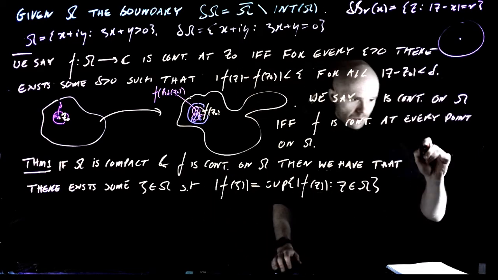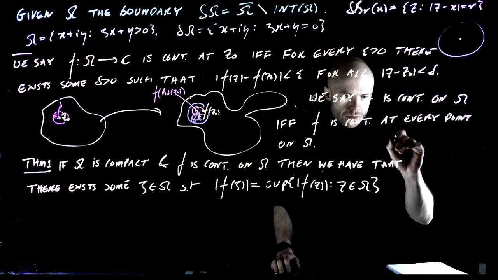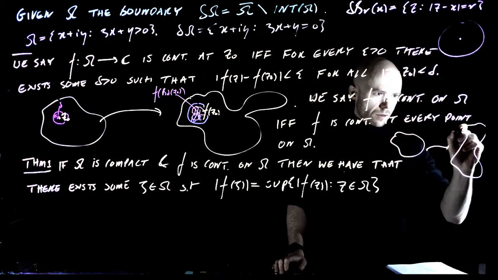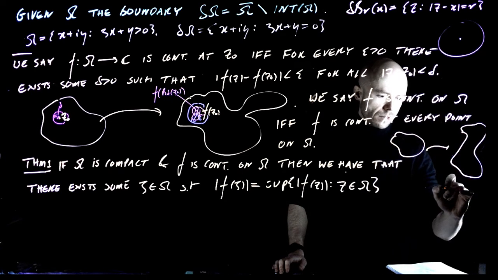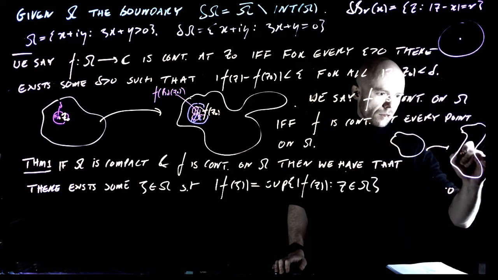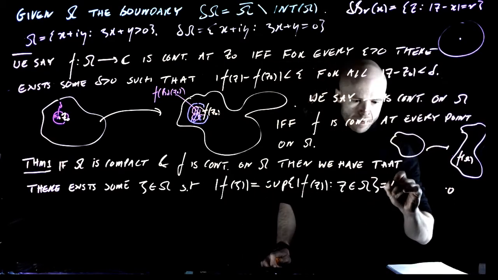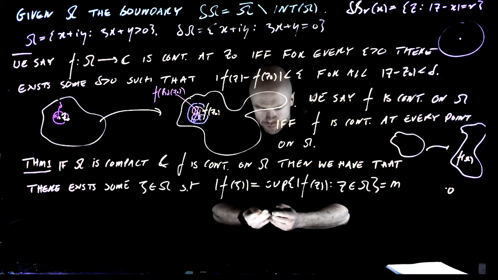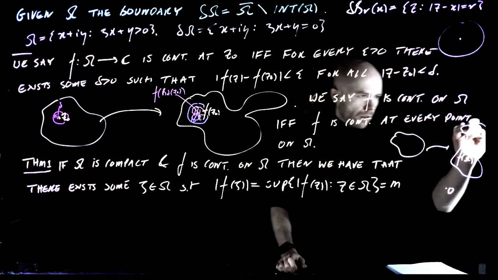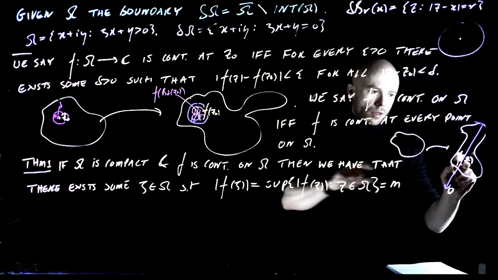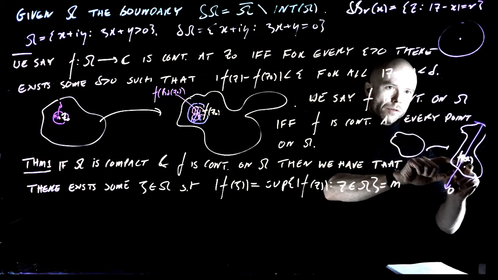So let's draw a picture. This, say, is omega, it's compact, and it's mapped to something like this. Let's say 0 is here, and this is f(omega). So what is this number? Let's actually just call it m. This is how far away from 0 we can get with elements of f(omega).